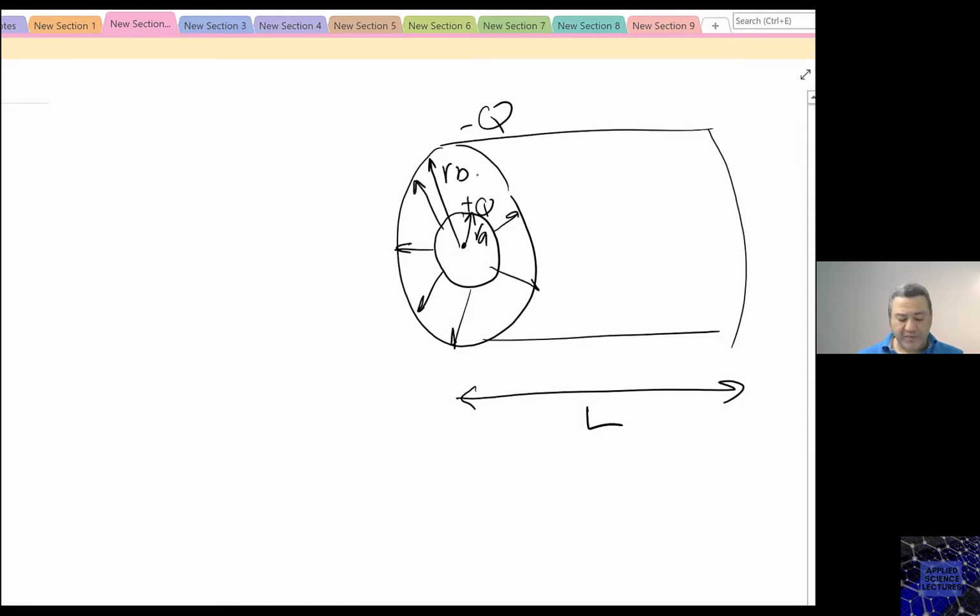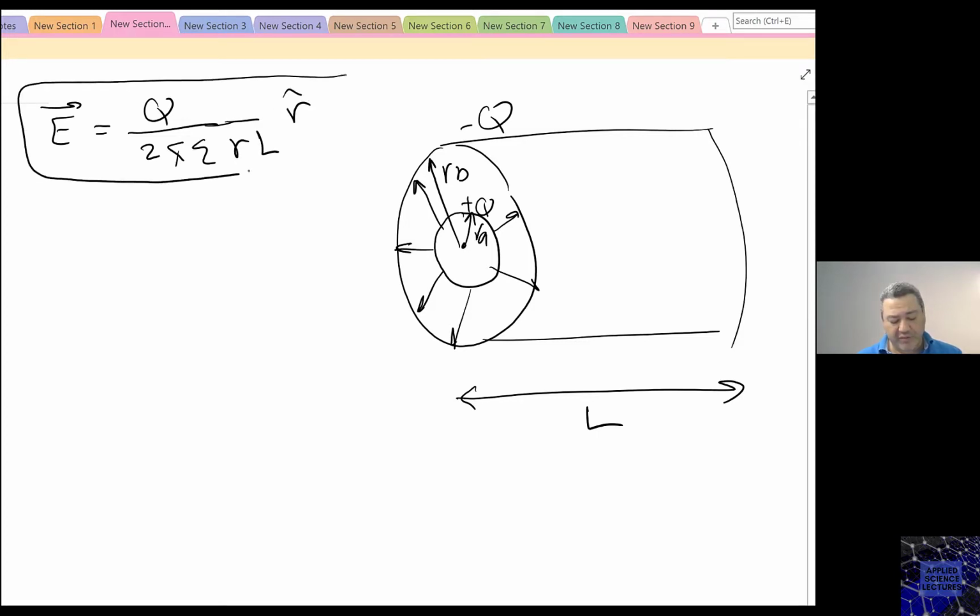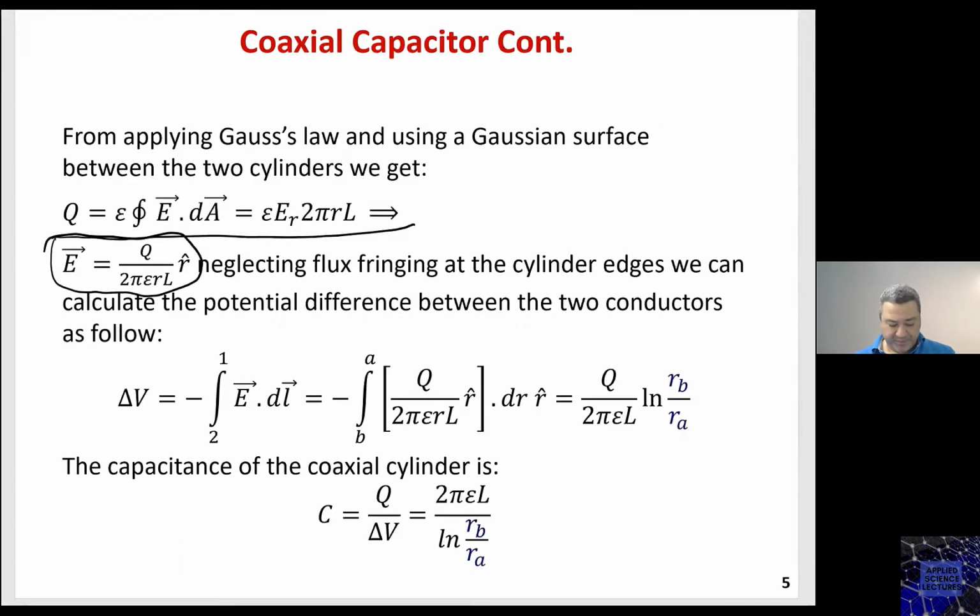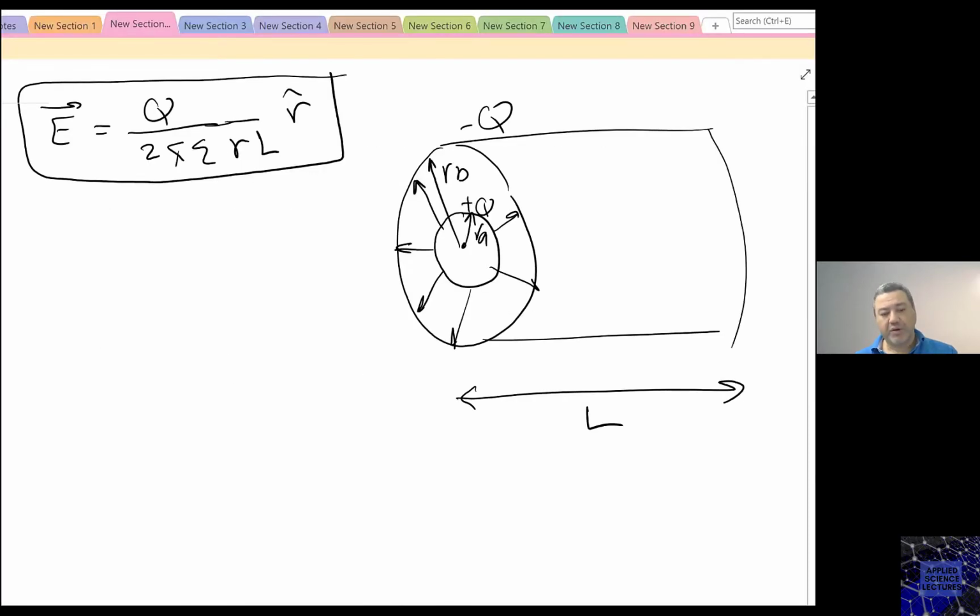We have seen that the electric field, which we derived earlier, equals Q over 2 pi epsilon R L, and here the unit vector is R hat. Now we need to calculate the potential difference between those two conductors.